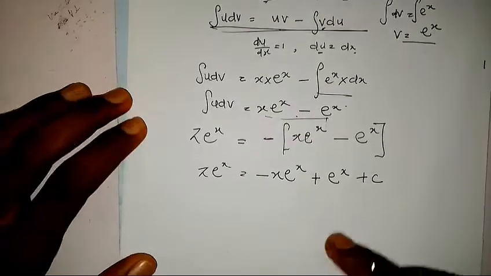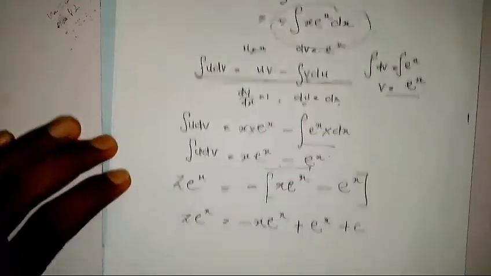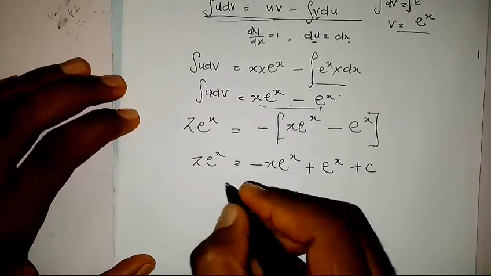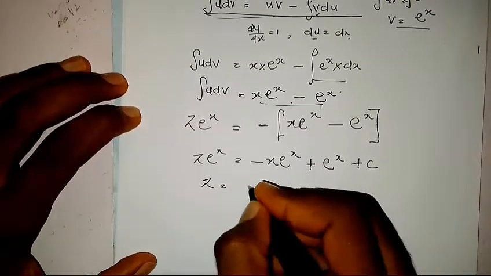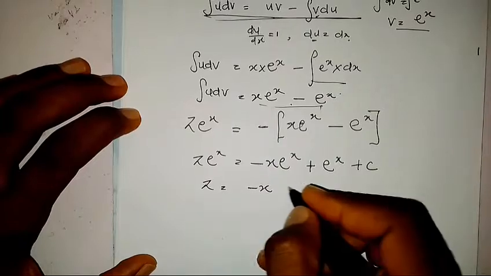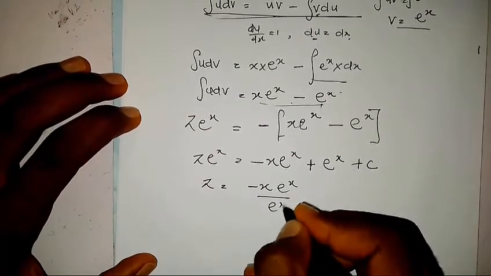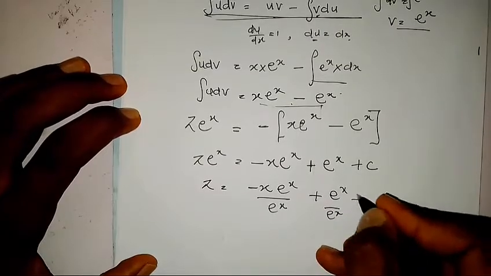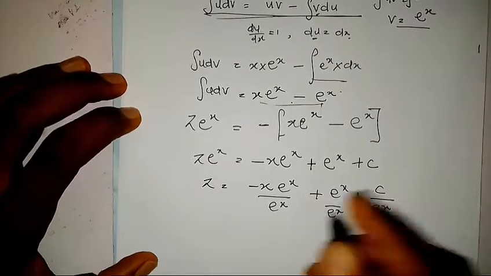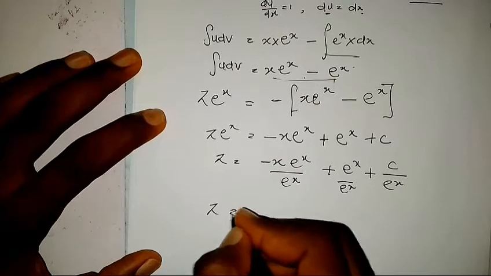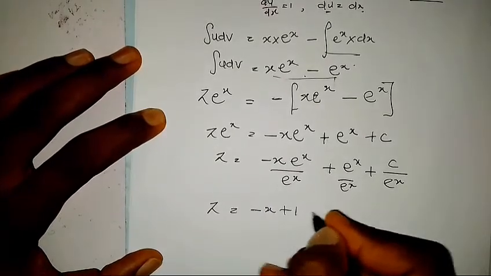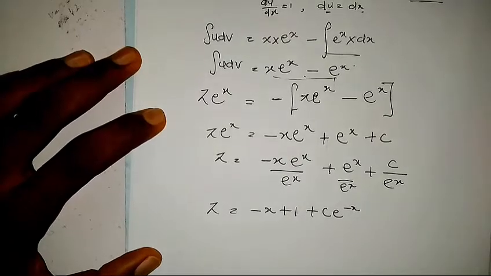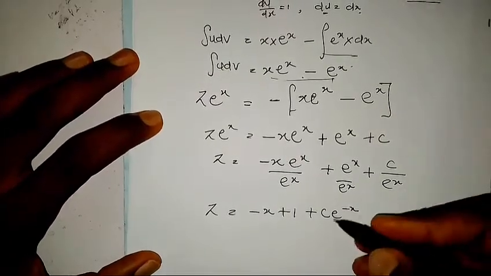Do not forget your constant because we just finished integrating. So what do we do now? Dividing both sides by exponential x, we have z is equal to minus x exponential x divided by exponential x plus exponential x divided by exponential x plus c divided by exponential x. So we have z is equal to minus x plus 1 plus c exponential minus x, because the law of indices says when this is going up, it becomes minus.